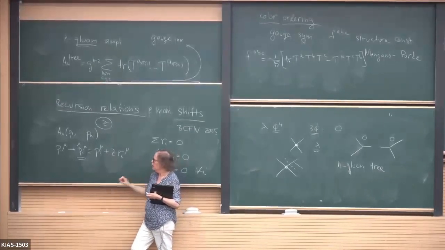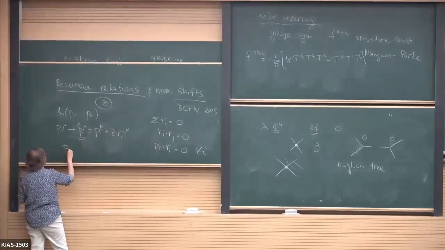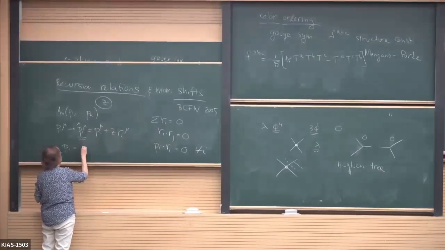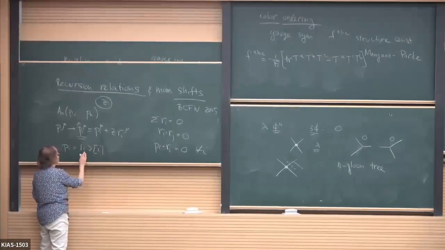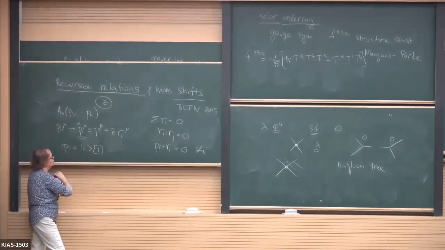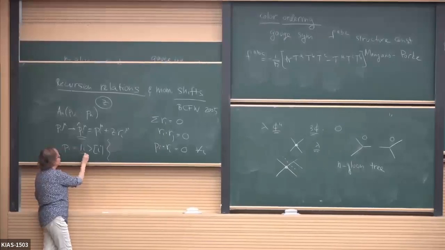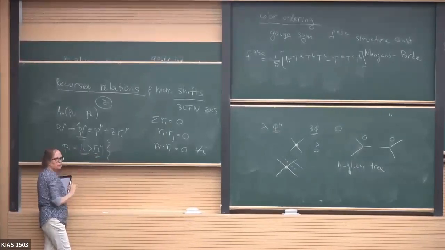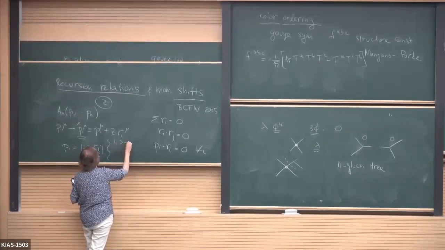And not only that, but remember that we said that each momentum here I can write in terms of massless spinors. So I can also choose to shift just this one or just this one.